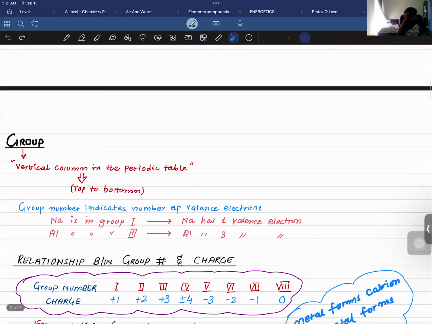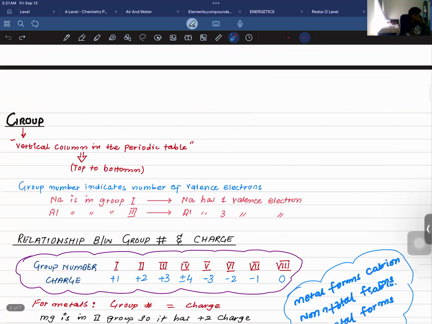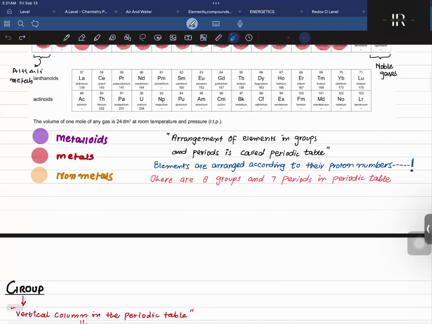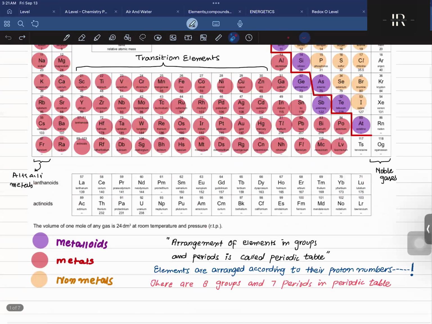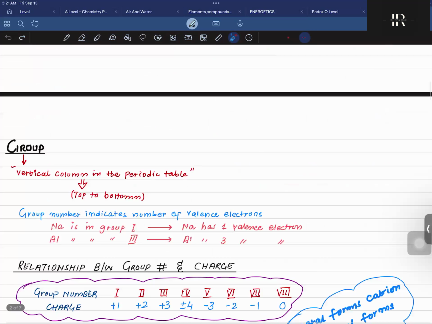Starting from, what is a group basically? A group means a vertical column in the periodic table, from top to bottom.